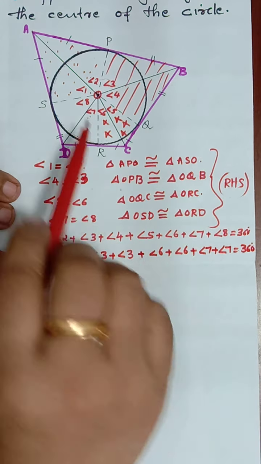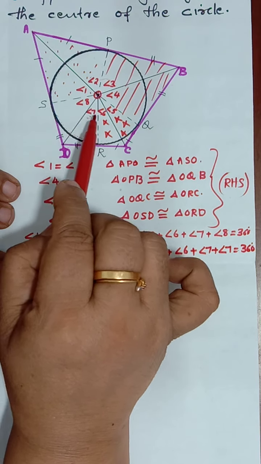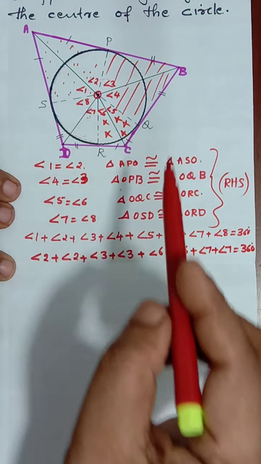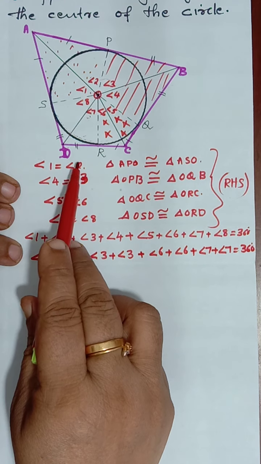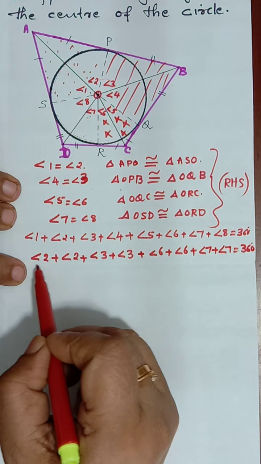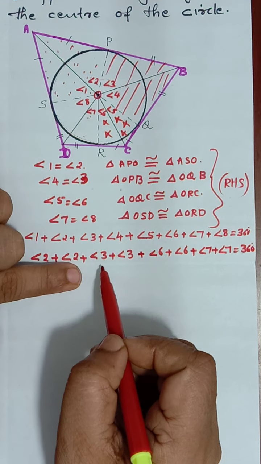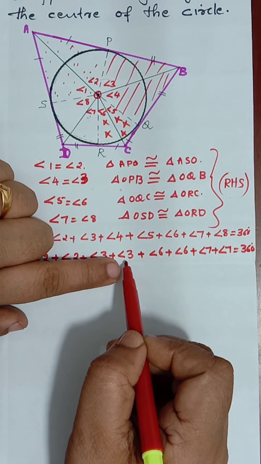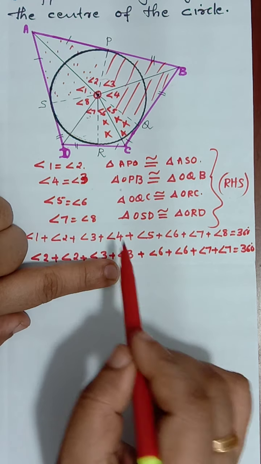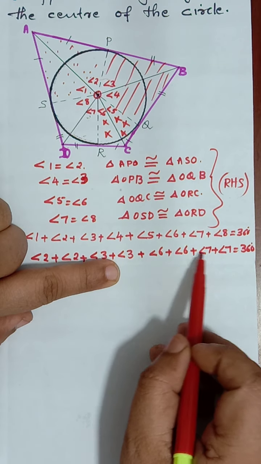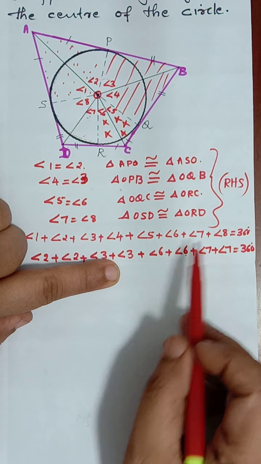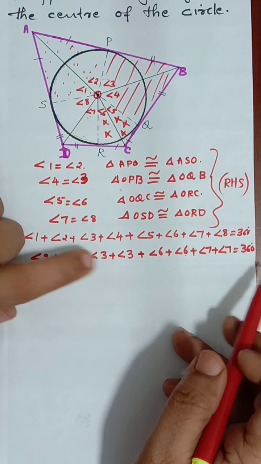We need 2 plus 3 plus 6 plus 7, these 4 angles. So 1 is equal to 2 already. 2 we need, so 2 plus 2. 3 we need, so 4 we change as 3. Now 6 and 7 we are keeping, and 5 and 8 we are changing as 6 and 7.